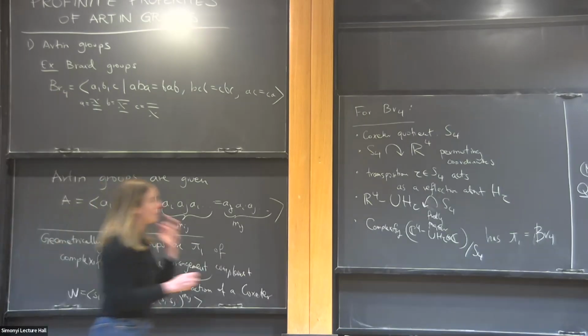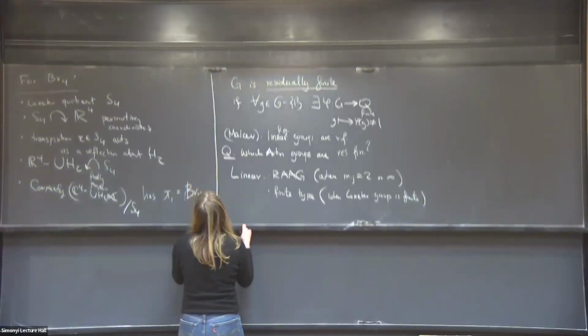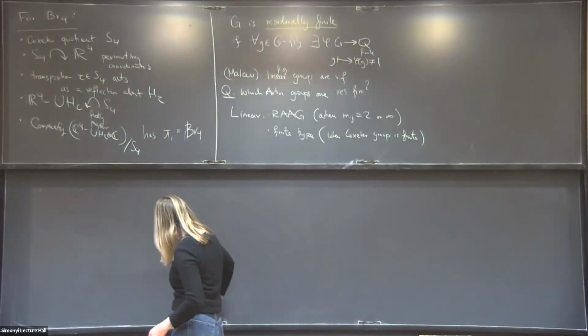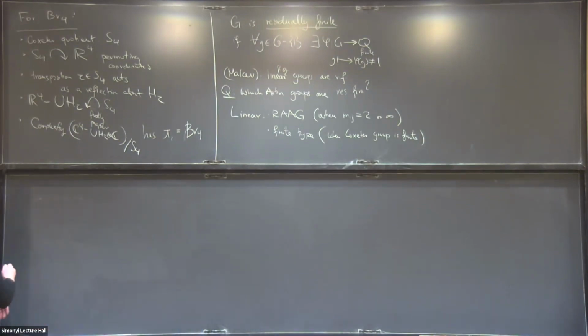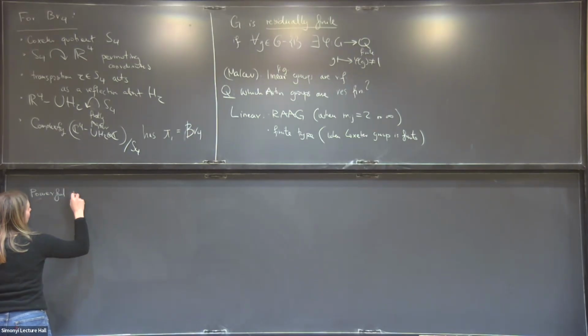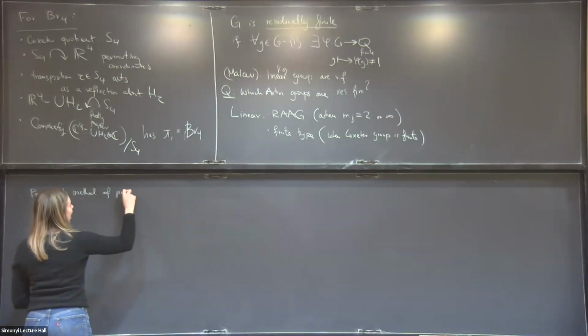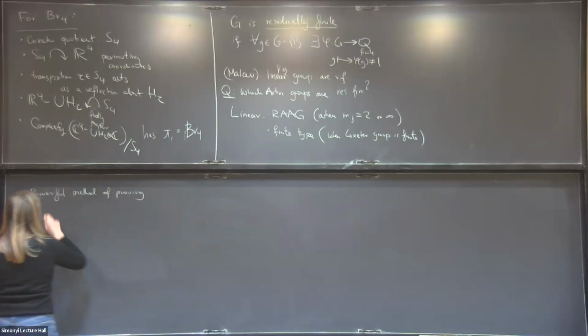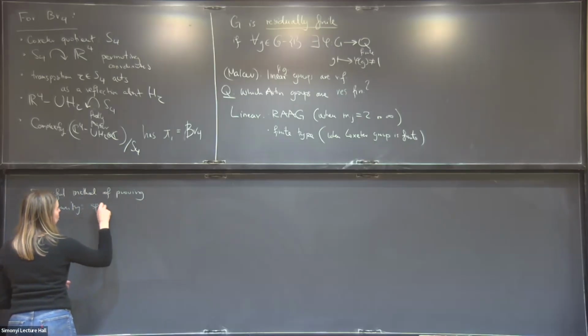So, okay, this is linearity. It's a natural question to ask whether they're all linear. There is a powerful method of proving linearity of groups, which is the whole theory of special cube complexes.